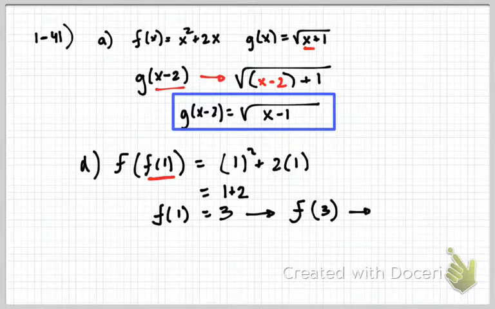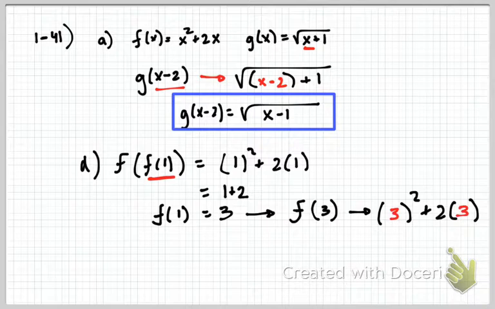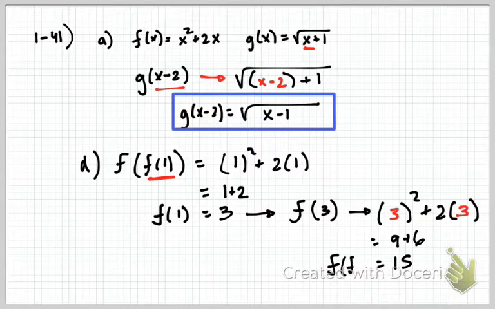So now we'll go ahead and plug this in. Parentheses squared plus 2 times parentheses. Same process, except now 3 is your input. So we get 9 plus 6, and that's going to equal 15. So f of g of 1 is equal to 15.